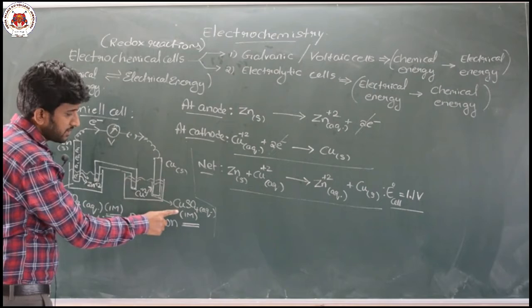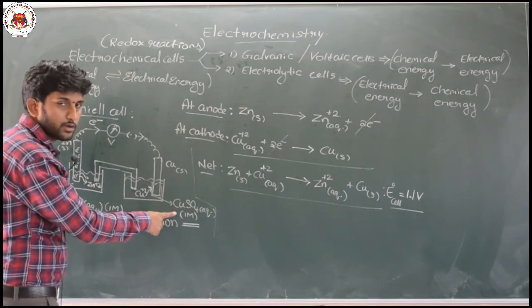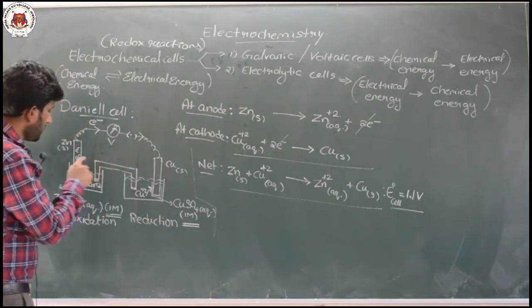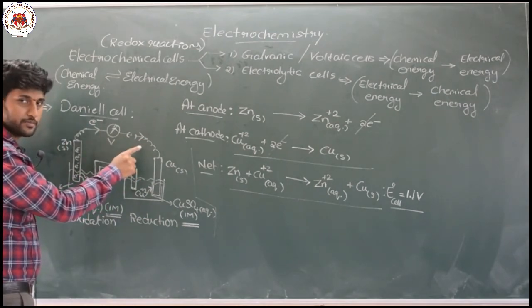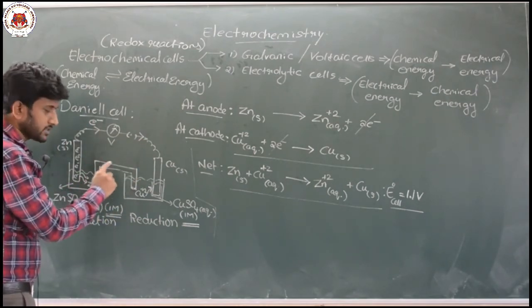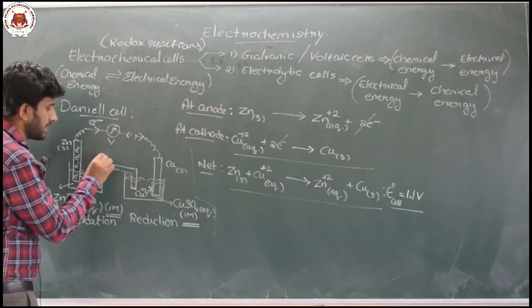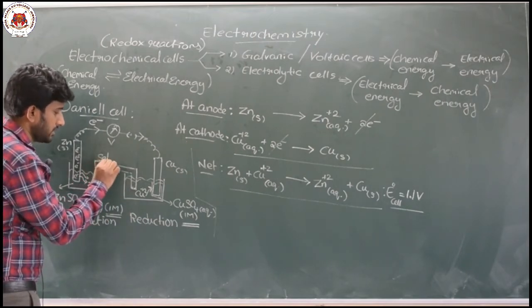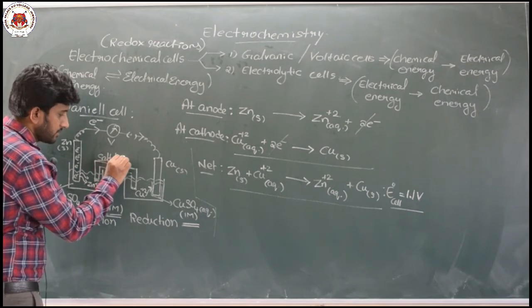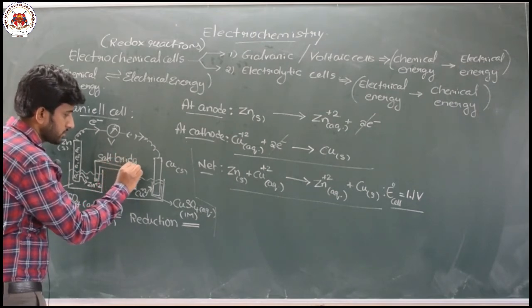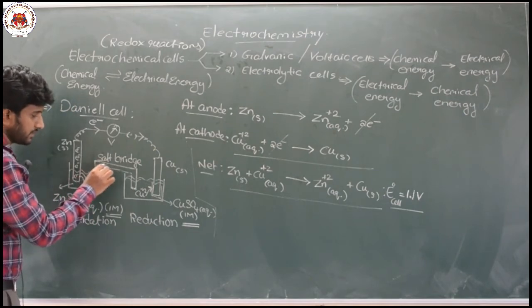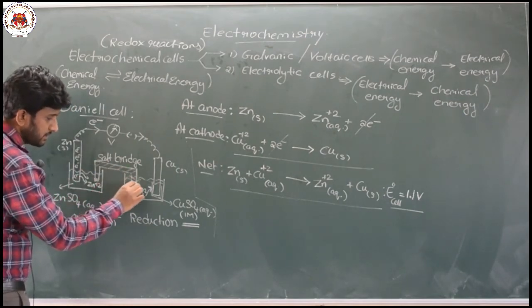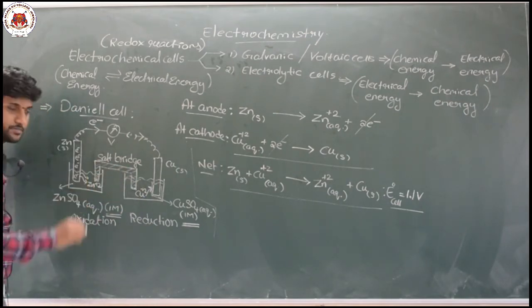Copper rod is dipped in 1 molar copper sulfate solution. Both rods are connected externally through a voltmeter, and both solutions are connected through the salt bridge, this U-shaped tube.